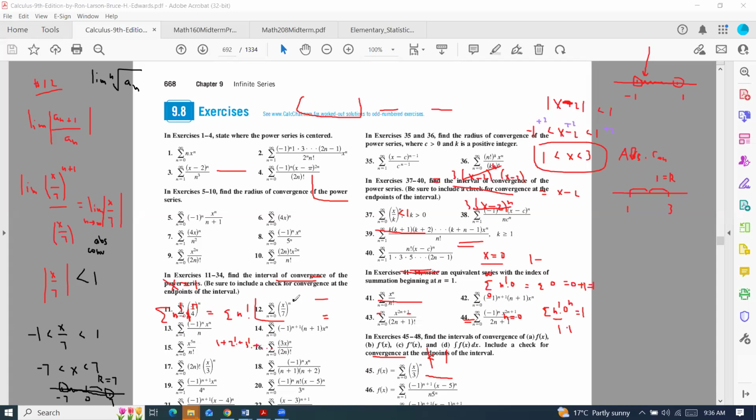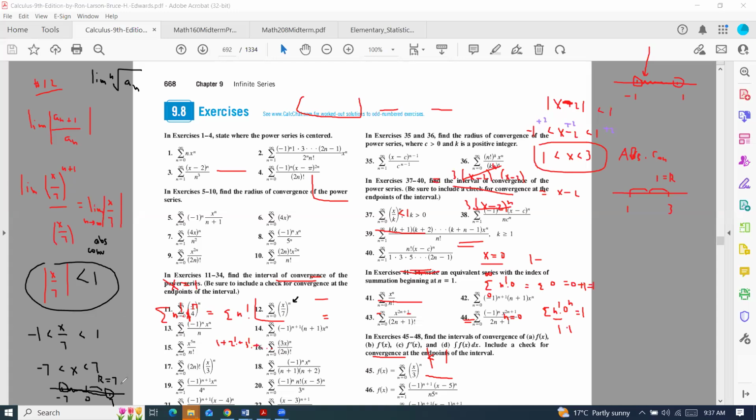And once you lose your nth power, you would end up with x over 7. So you would end up with the exact same inequality if you applied a different theorem for convergence. And as usual, no matter what theorem you use, the result is the same. So it is really up to you how you solve it, because the answer is still going to be the same. Radius is still going to be equal to 7.